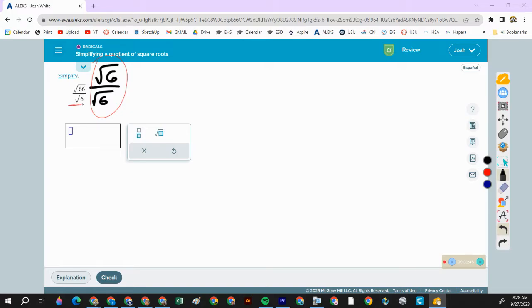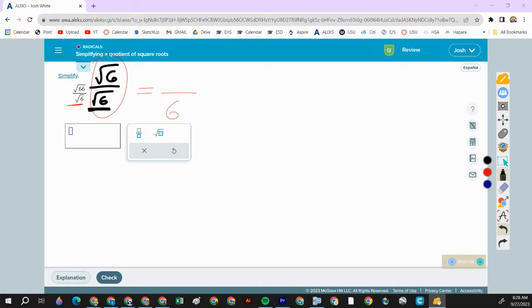But what is the square root of 6 times the square root of 6? It's the square root of 36. What is the square root of 36? It's just 6. So anytime you multiply a square root by itself, the answer is just whatever's on the inside. What about the top?